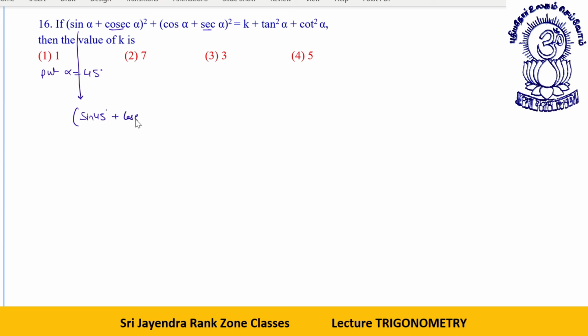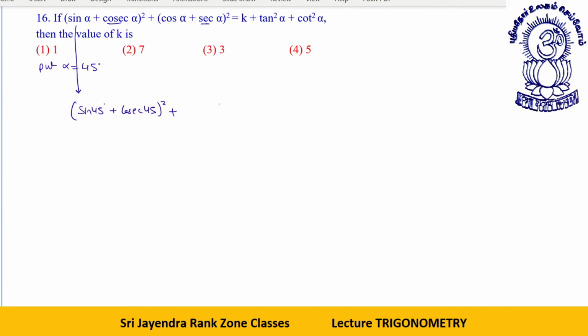Sine 45 plus cosec 45 square, plus cos 45 plus sec 45 square, is equal to k plus tan square 45 plus cot square 45.